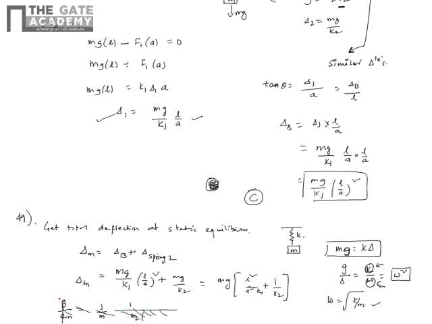Let me turn the page. So this is what we got. Let me write what we got from before. We got that delta M is mg into L square by A square K1 plus 1 by K2. This is what we got.